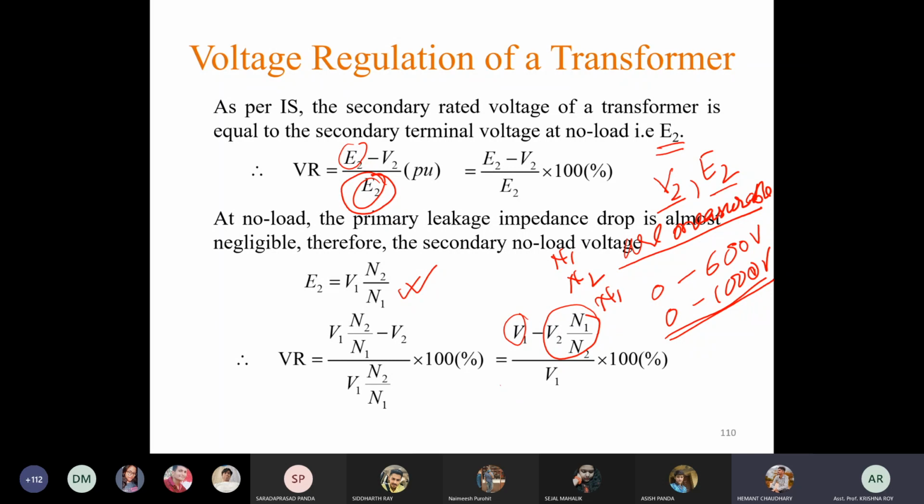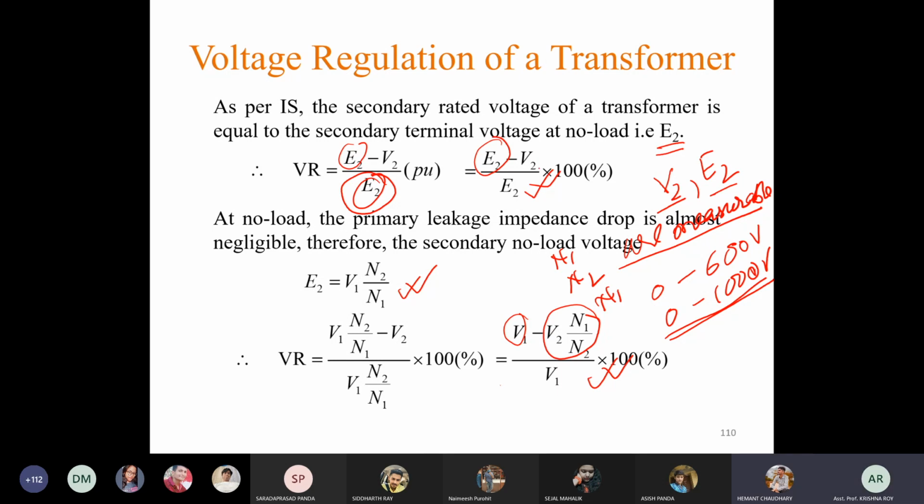In that case we need an indirect method to find the voltage regulation of a transformer. For small transformers for which V1 and V2 are both measurable, we can apply this formula or even this formula, because if we do not connect any load to the secondary side, then we can measure E2 easily. We can measure E2 as well as V2 for a given load.